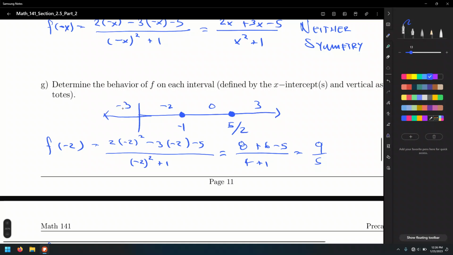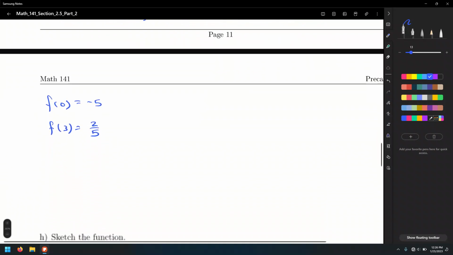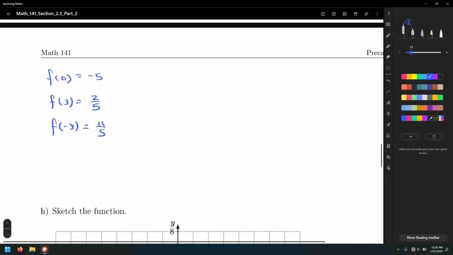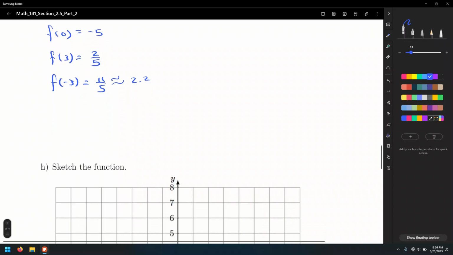How about -3? I'm gonna plot the point -3, f of -3, and when we plug in that value, we get 11/5, which is a number a little higher than 2, about 2.2. I'm gonna estimate 2.2.